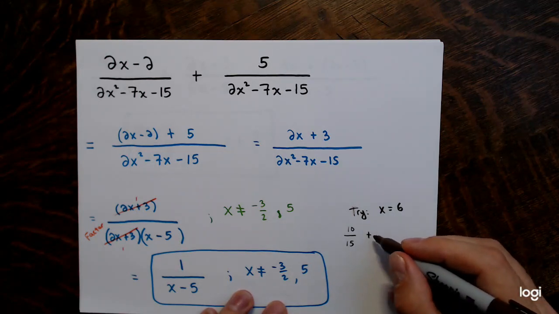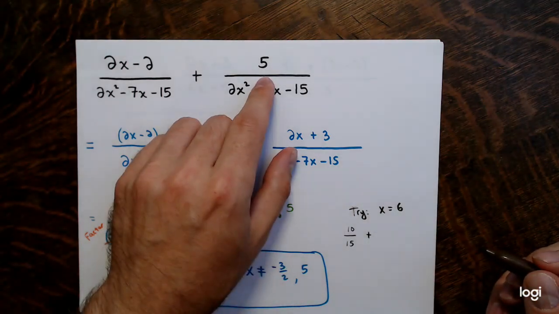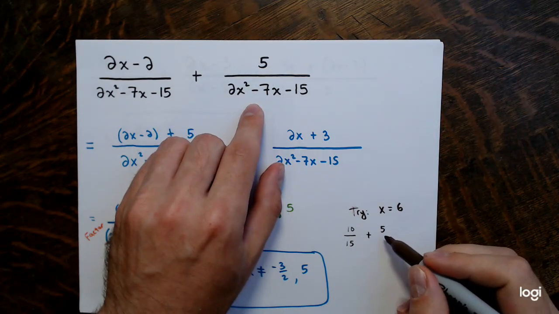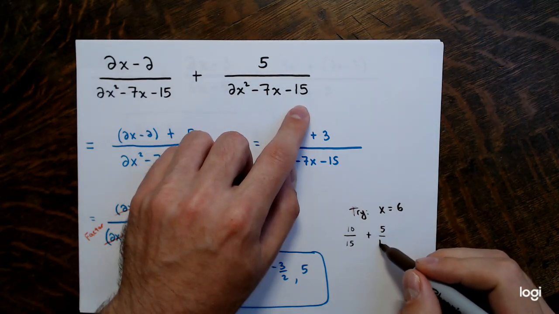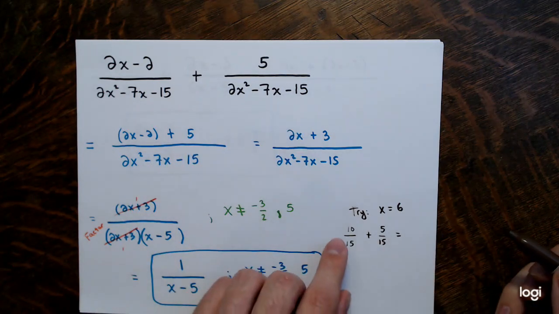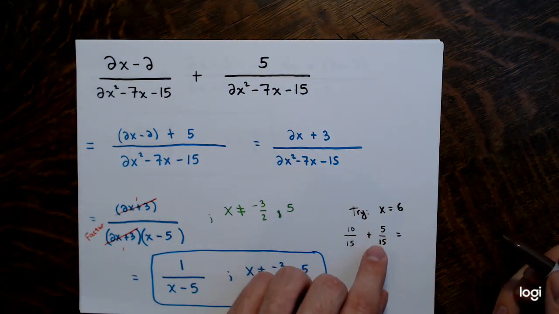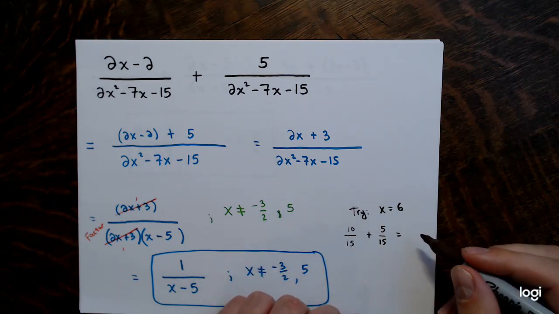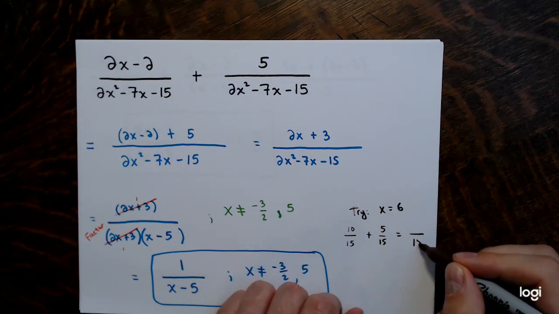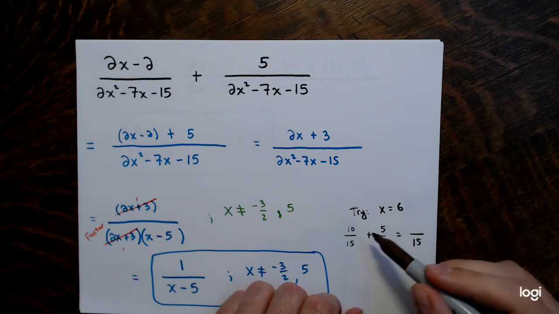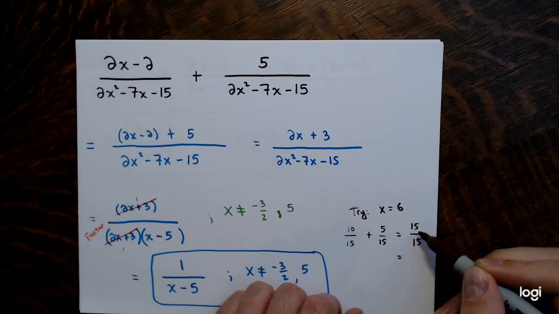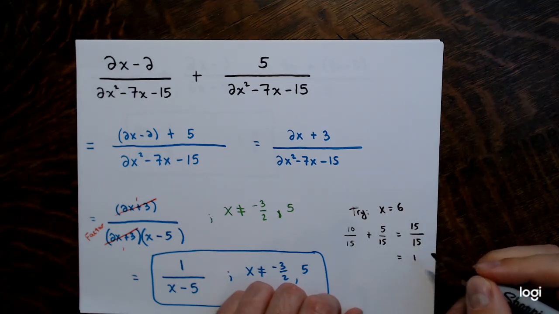And then plus, and then let's go to this fraction. Numerator is 5, and then the denominator, we already figured that out, was 15. And now I have 10 fifteenths plus 5 fifteenths, same denominator, right? When I'm adding, I keep that denominator in the sum and add the numerators. 10 plus 5 is 15, and 15 fifteenths is 1.